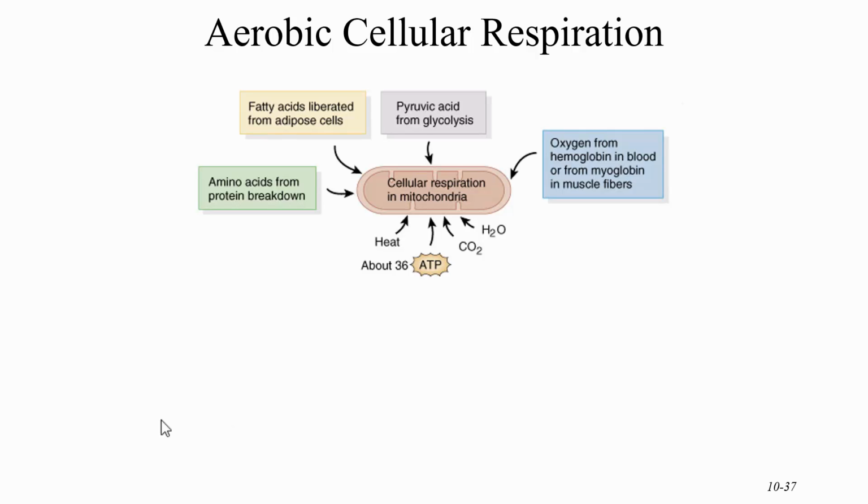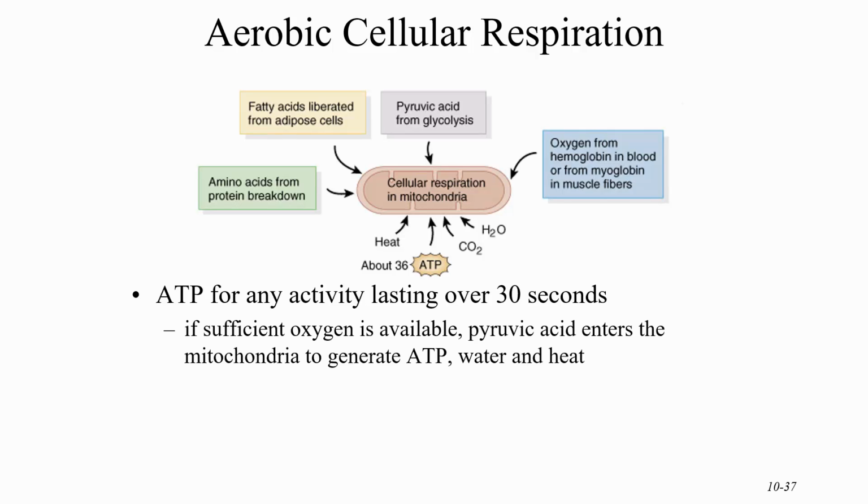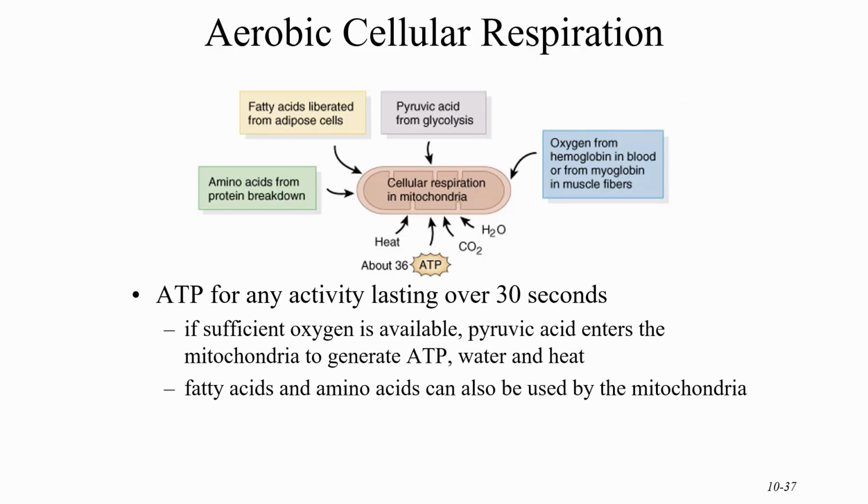Looking at aerobic cellular respiration, we have ATP for any activity lasting over 30 seconds. If sufficient oxygen is available, pyruvic acid enters the mitochondria to generate ATP, water, and heat. Also, fatty acids and amino acids can be used by the mitochondria.